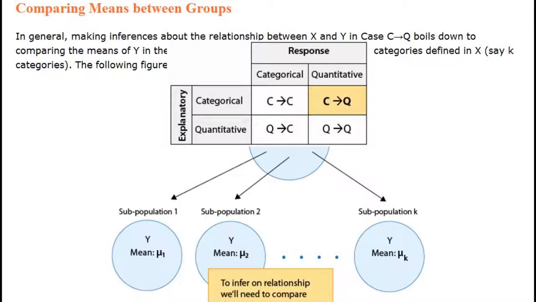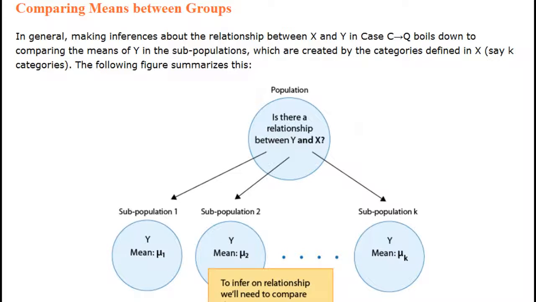So in general, in this entire module, we're making inferences about the relationship between X and Y when X is a categorical variable and Y is a quantitative variable. And this boils down to comparing the means in subpopulations of our overall quantitative response.